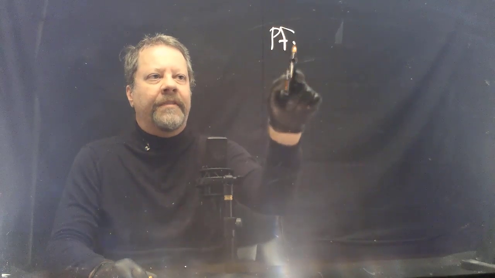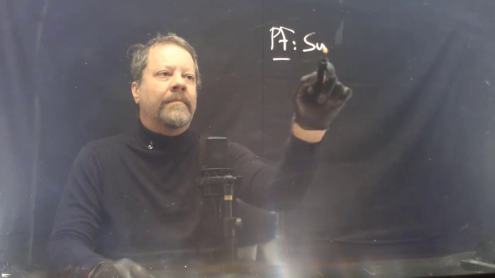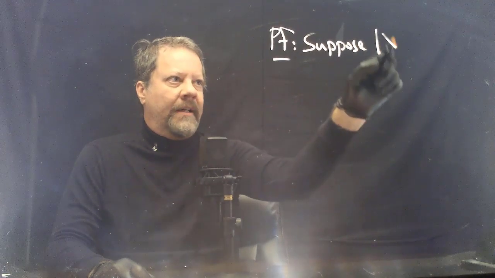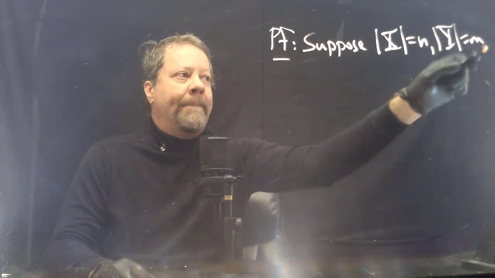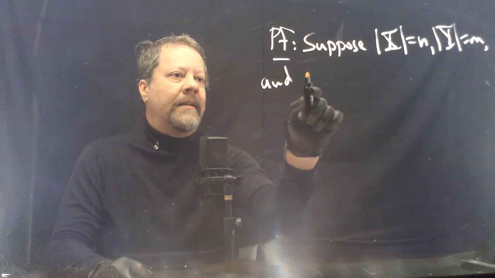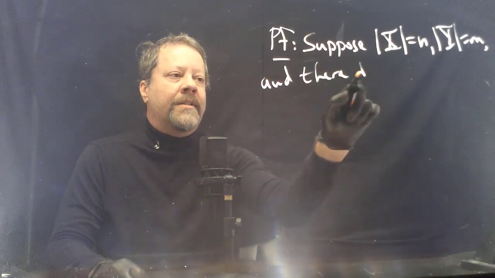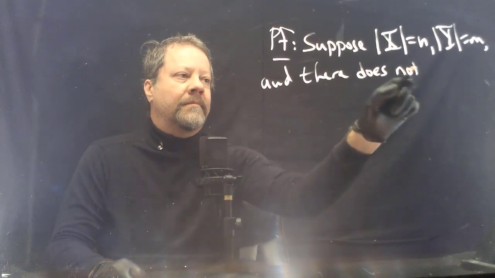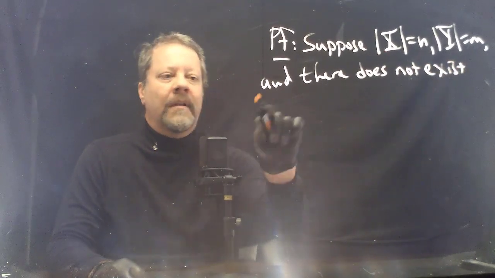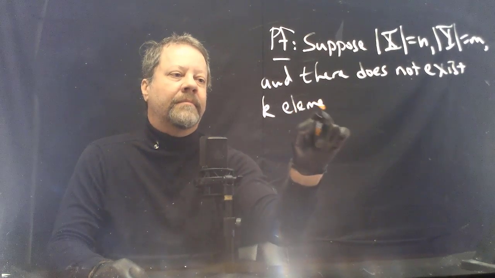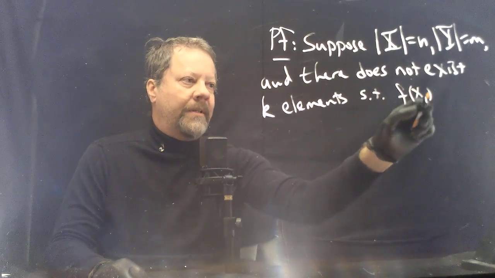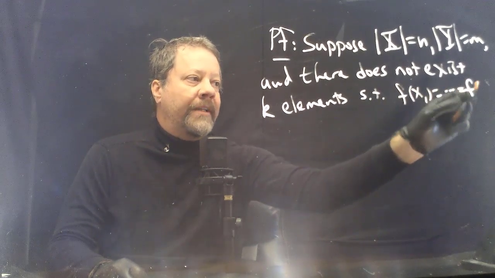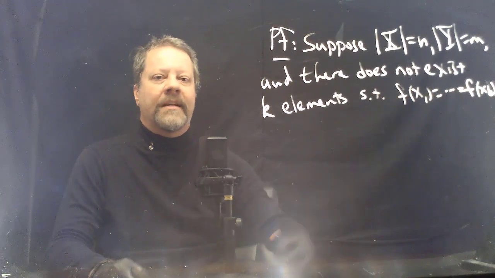The proof of the generalized pigeonhole principle is by way of contradiction. Suppose x has size n, cardinality of y is m, and there does not exist k elements such that f of x1 equals all the way to f of xk. There does not exist any such set of elements.